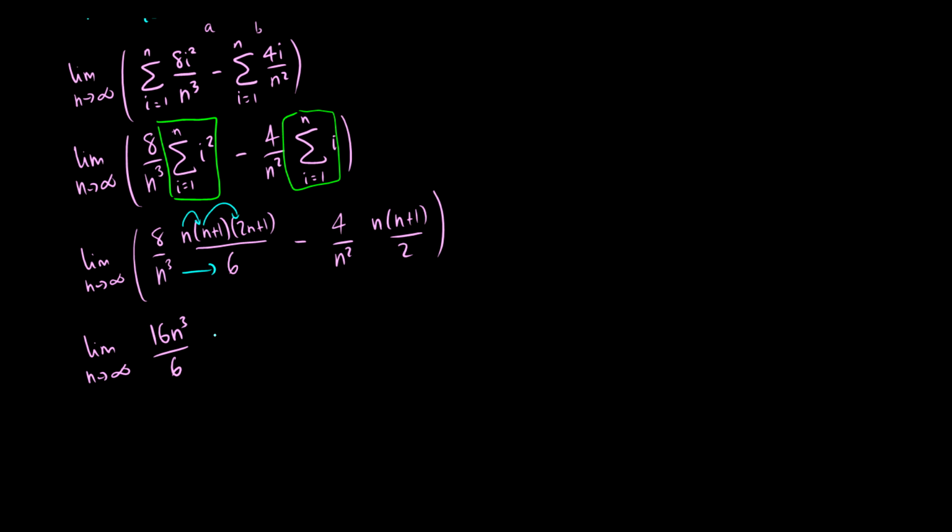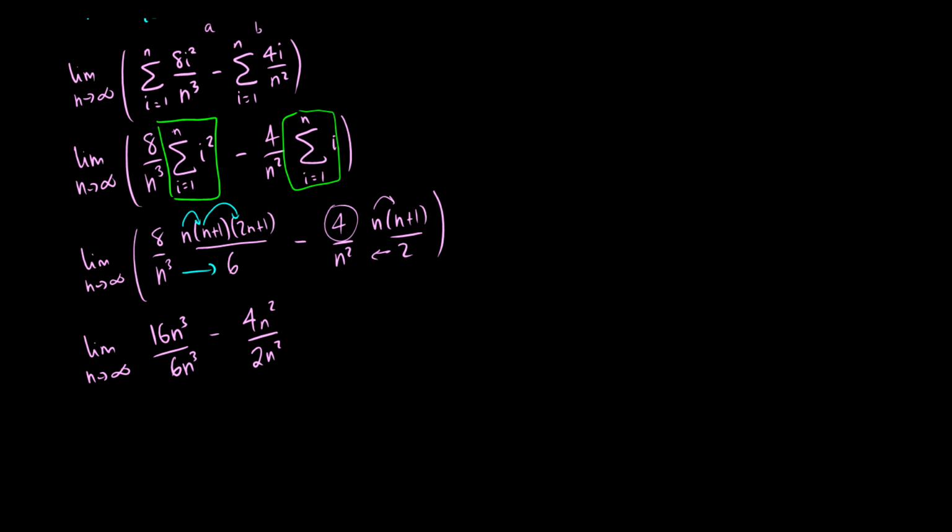And then we will subtract 4n squared over 2n squared. Again, we just distribute n times n, which is n squared. Then we multiply this by 4, so we get 4n squared. And then we have 2 times n squared. So this should be 6n cubed on the bottom.